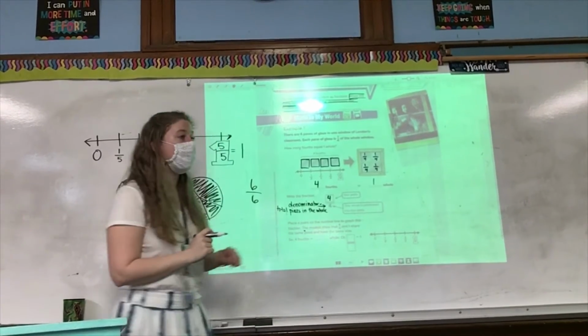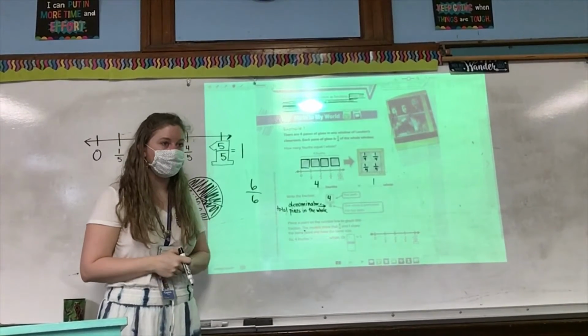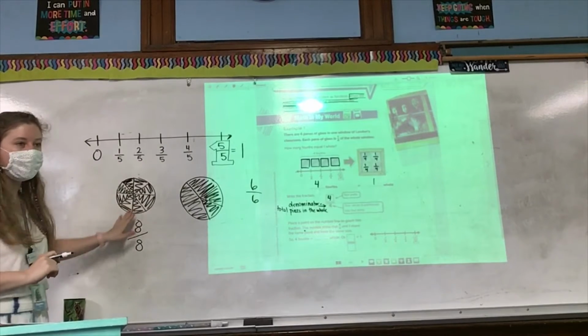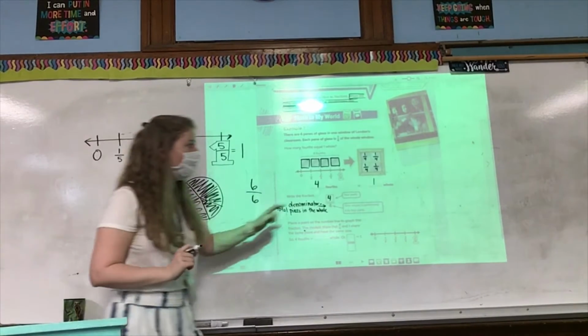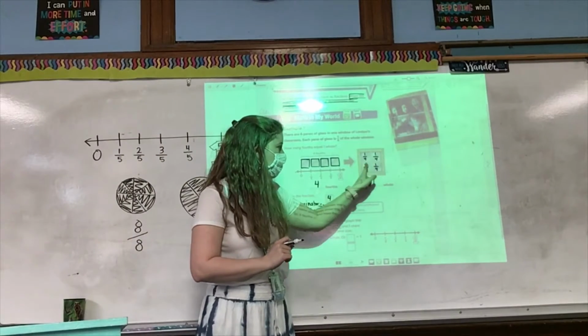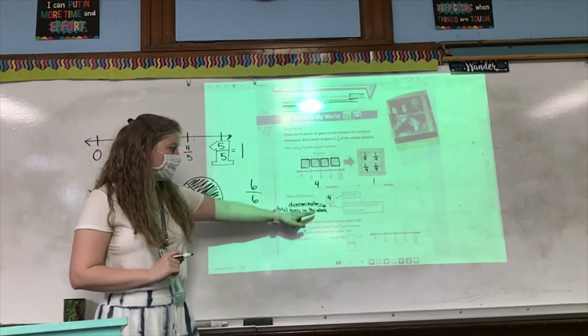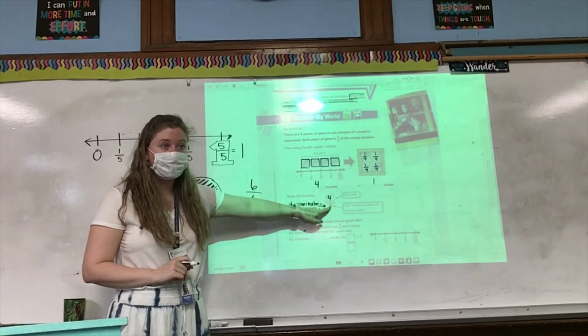So the denominator is the total pieces in the whole. So like our whole pizza was cut into 8 pieces. Our whole window has 1, 2, 3, 4 panes. So the denominator is the number of pieces in the whole.